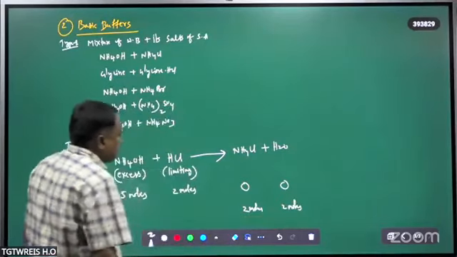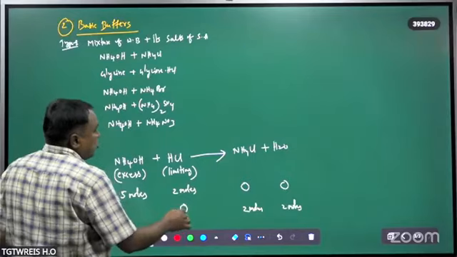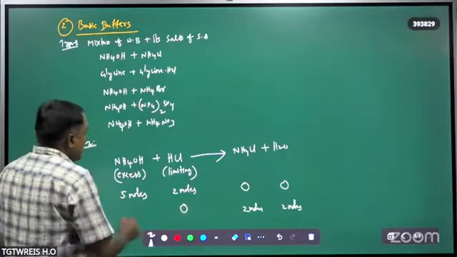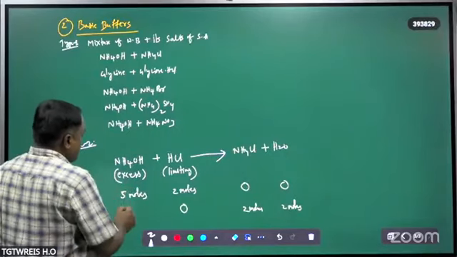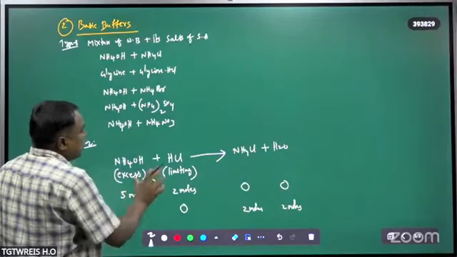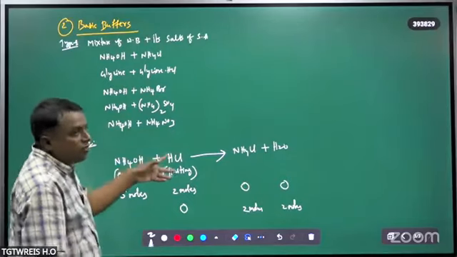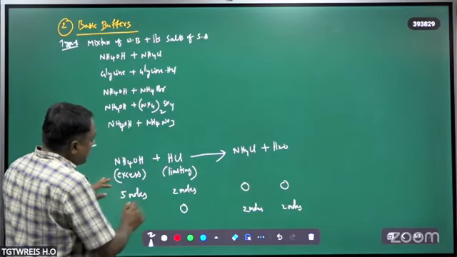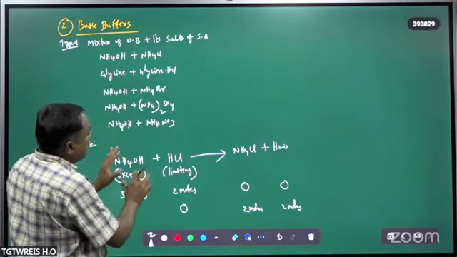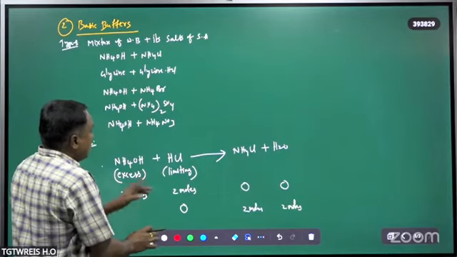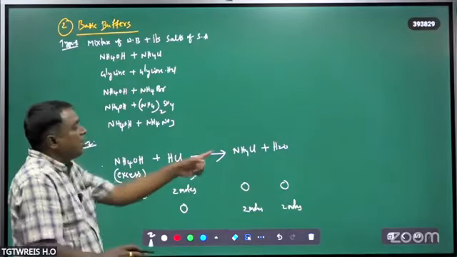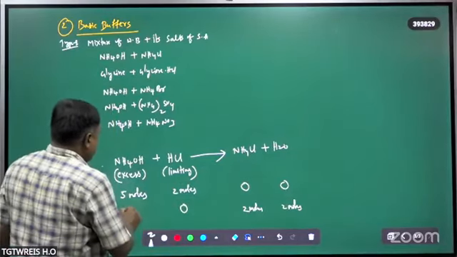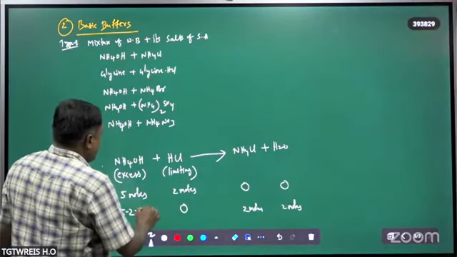The leftover HCl is 2 minus 2, which equals 0. Out of the 5 moles of ammonium hydroxide, only 2 moles will react with HCl, because the limiting reagent determines the product formation. Therefore, 5 minus 2 equals 3 moles.